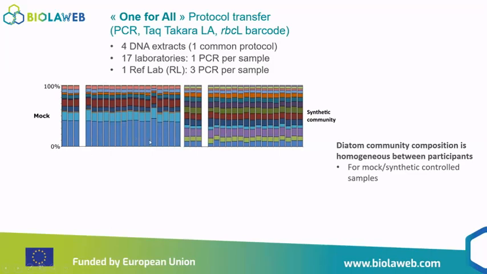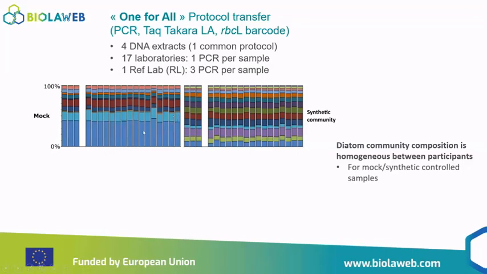You can see that for the mock community, it's quite homogeneous. We made the mock community as a gradient of different concentrations of the different species that were included in it. So you can see that there is one species that is more represented than the others, and we also had some that are very slight and difficult to find.